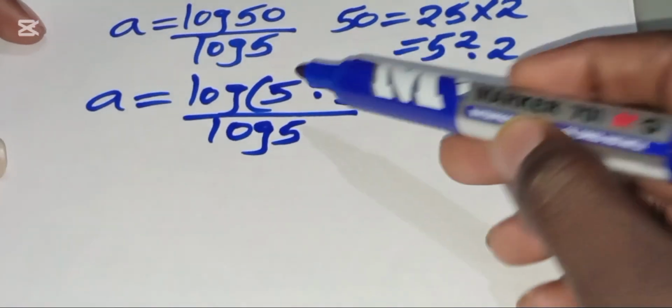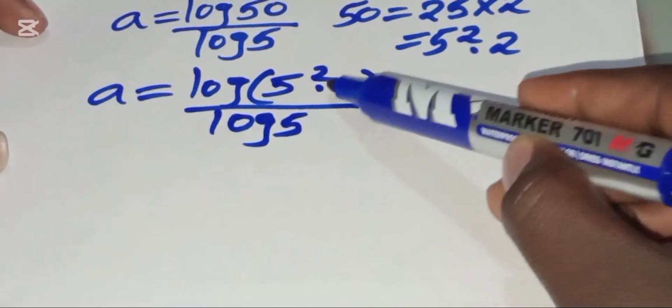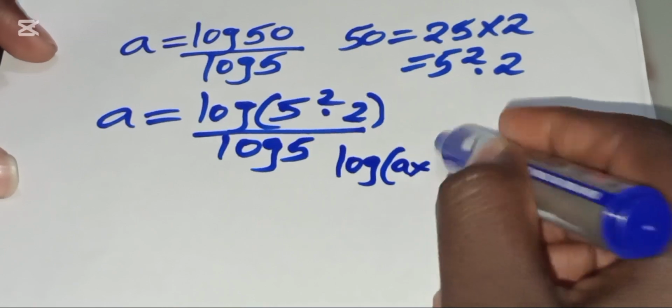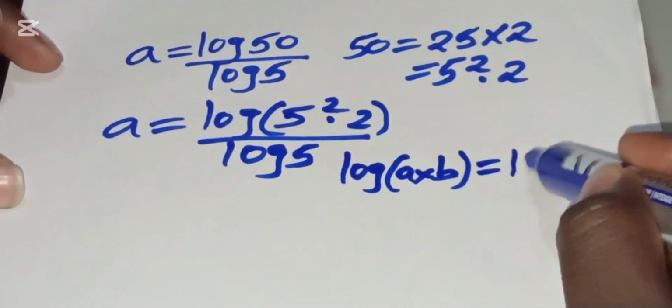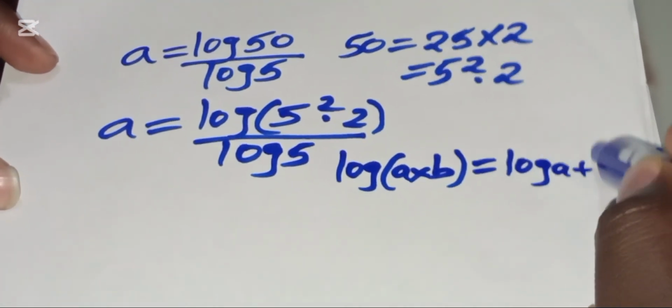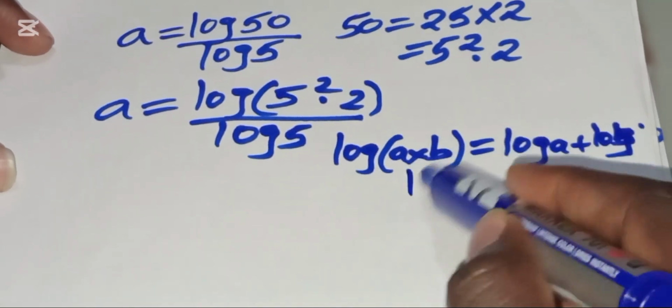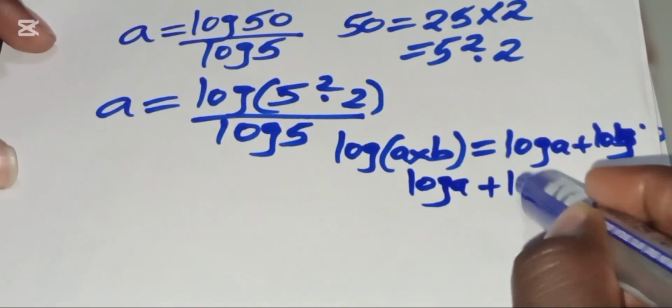okay? Now from what we have here, log of 5 squared times 2 is actually in the form of log a multiplied by b, which we can express as log a plus log b, okay?